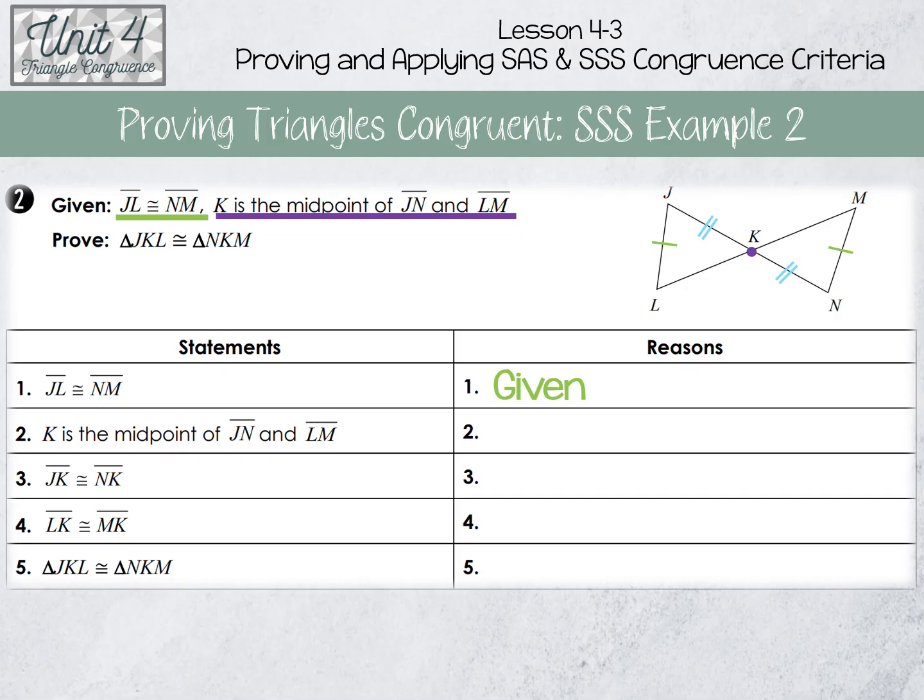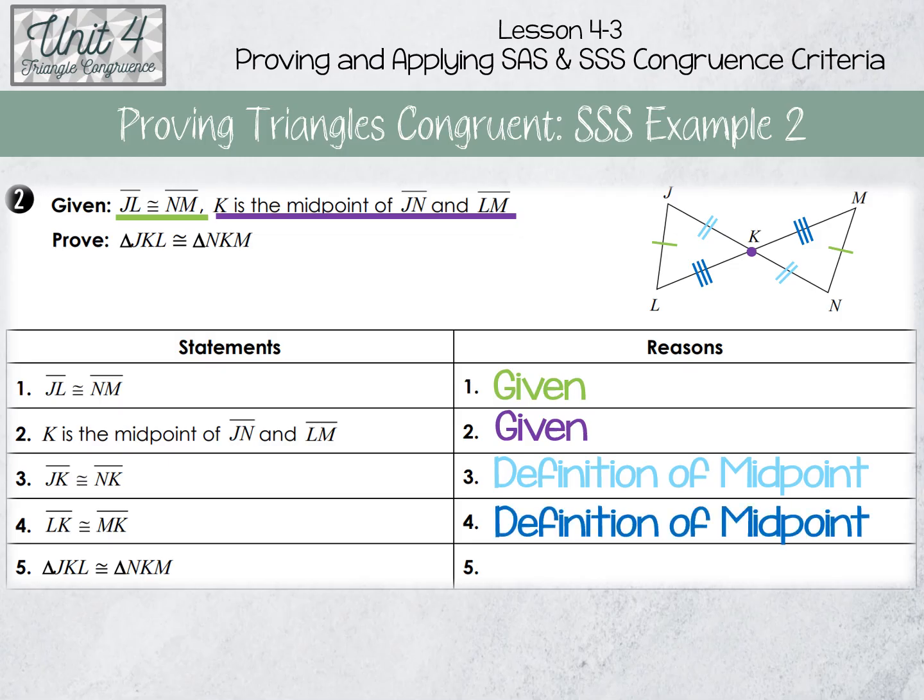So segment JK is congruent to segment NK by definition of midpoint. Also, segment LK is congruent to segment MK by definition of midpoint. Look at the diagram. It definitely looks like side, side, side congruence theorem to me. There we have it.